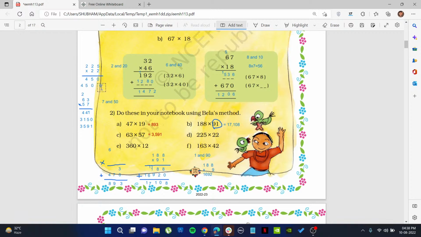Okay, so 0 add 0 gives us 0. Here it will be 0. 0 add 5 gives us 5. 5 add 4 gives us 9.